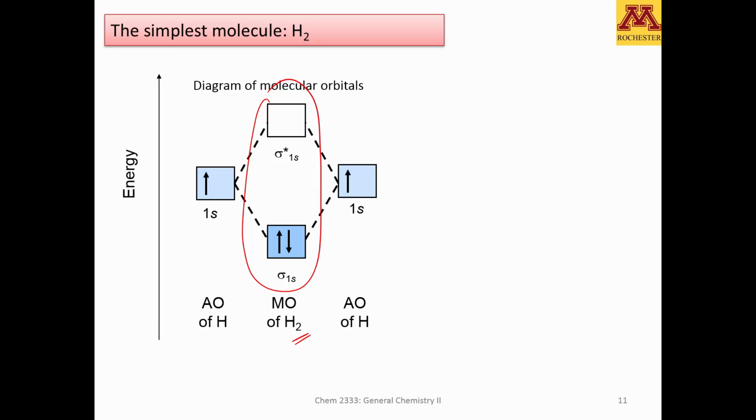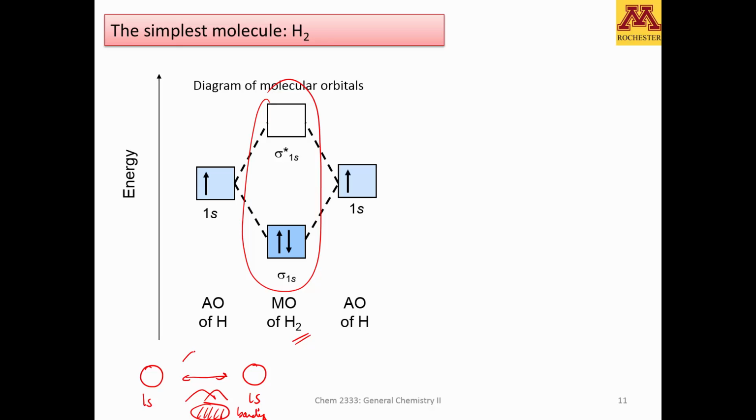What is this? Well, say that this is the 1s and this is the other 1s, and you approach them. Because the actual 1s is more of a wave, the waves can interact in two main ways. If they interact in a constructive way, they will give what we call the bonding interaction, the bonding interference.